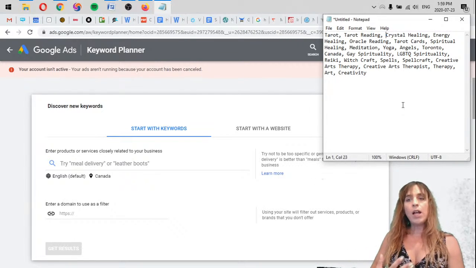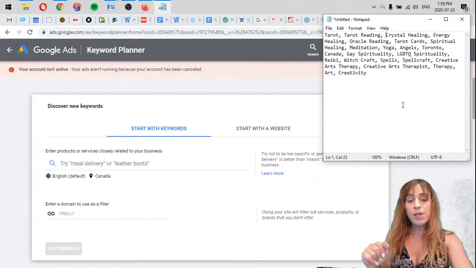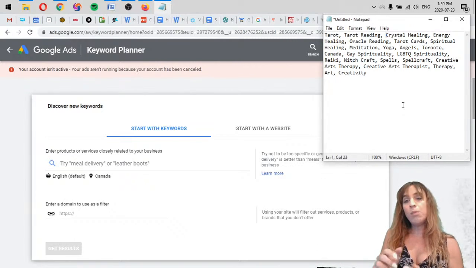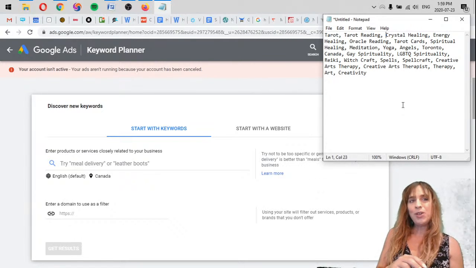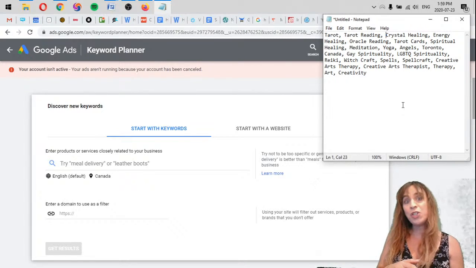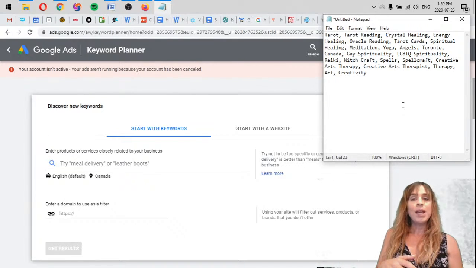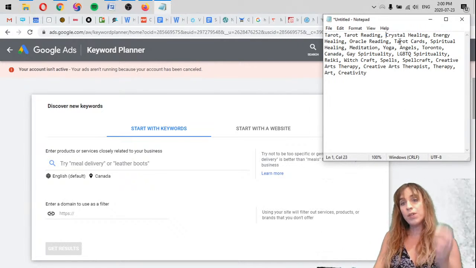So he doesn't sell crystals. And so if someone goes to Google and types in crystals, it's more likely that they're looking for either someone who sells crystals or someone who maybe is into geology and they just want to look up some minerals or something. They're not likely looking for his services, so we're going to get rid of those.